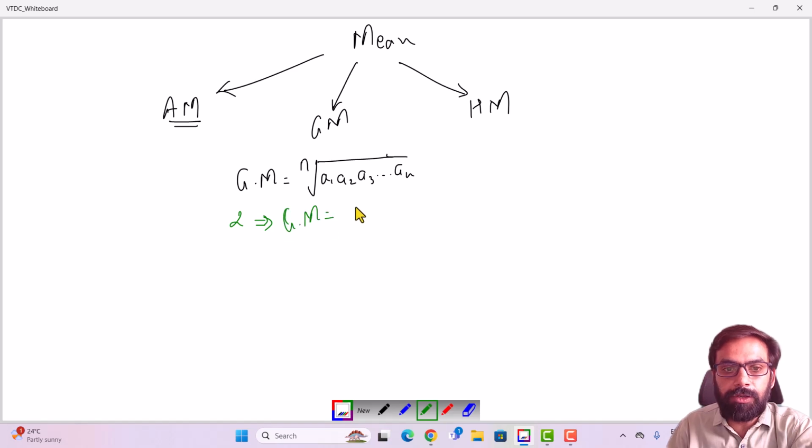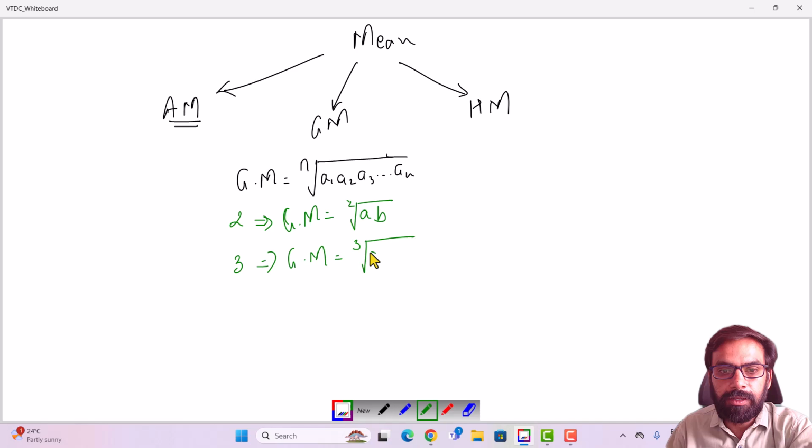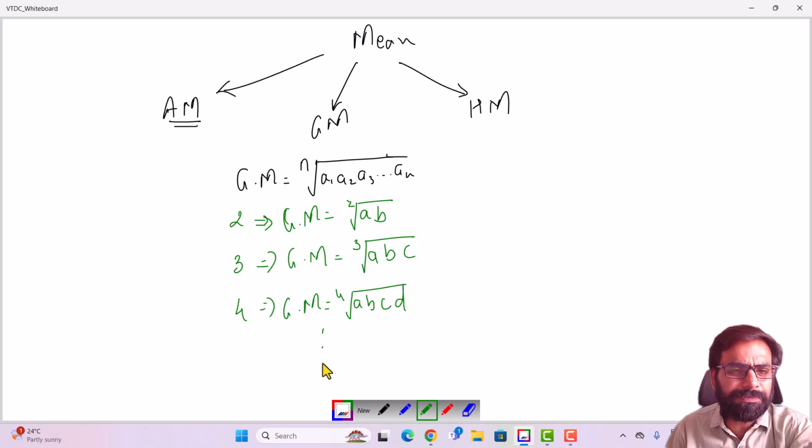Let's say the two quantities are A and B. GM will be equal to square root of A into B. If there are three quantities, then I'll write GM as nothing but the cube root of ABC. If there are four quantities, of course, GM will be equal to the fourth root of A, B, C, and D, and so on like this. It depends upon how many quantities are there.